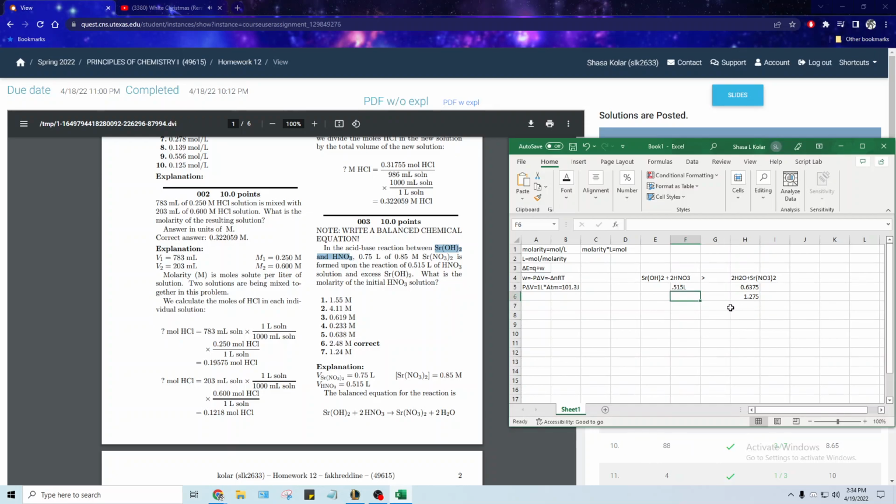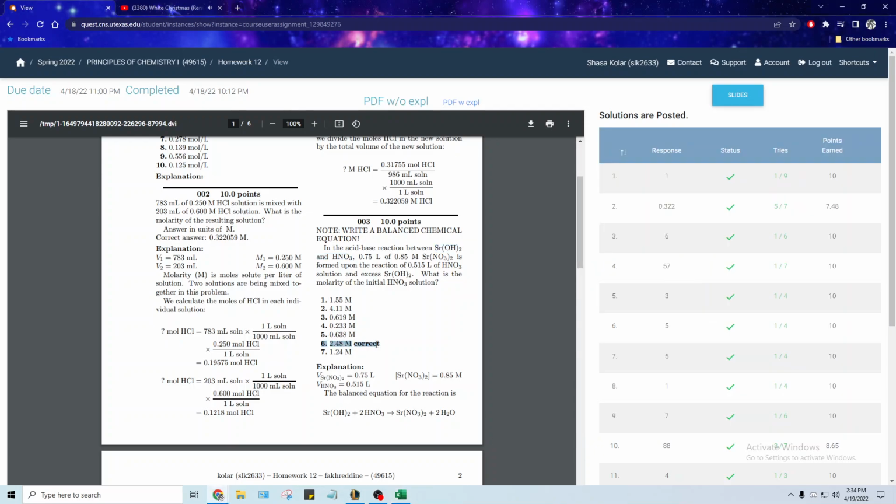And all we have to do is divide it by liters to find the molarity. So this one equals this over 0.515. So we get a molarity of 2.48 molar HNO3, which is correct.